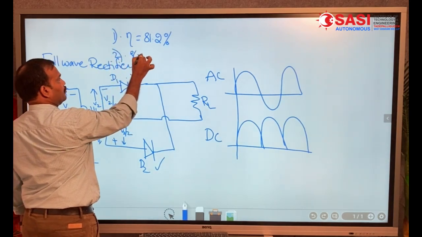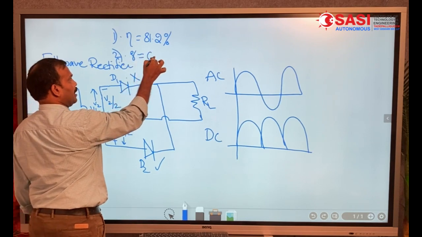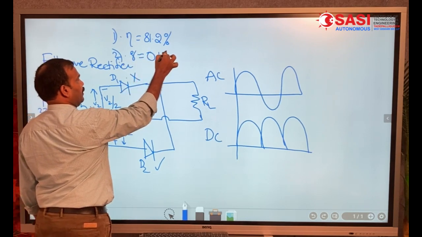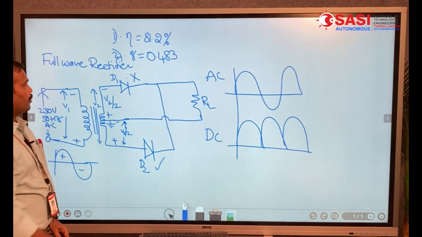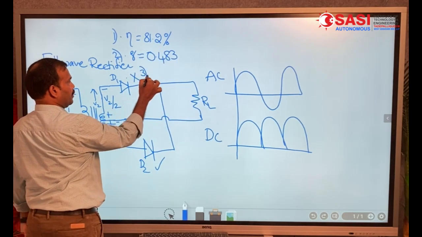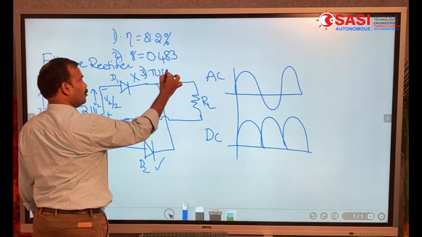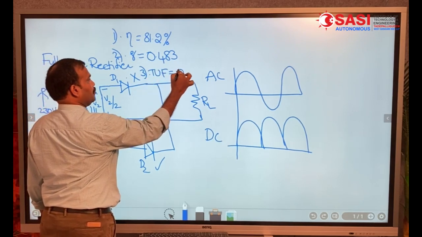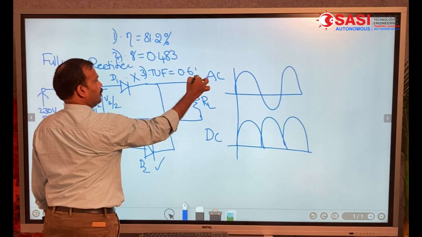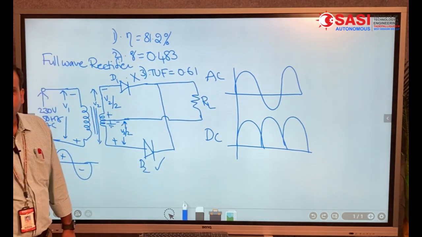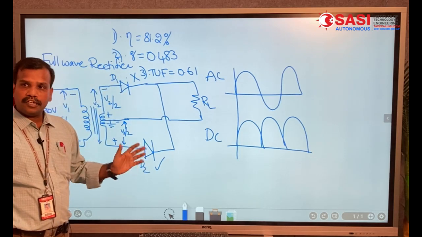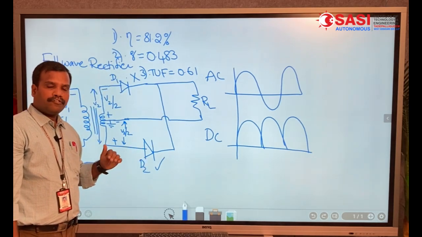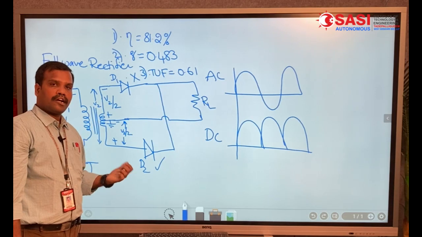Ripple factor also improved, it is around 0.483, and transformer utilization factor TUF is also improved, around 0.61. Now all the parameters are improved, hence full wave rectifier is preferred over half wave rectifier.